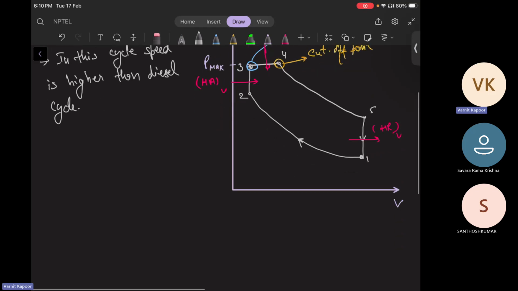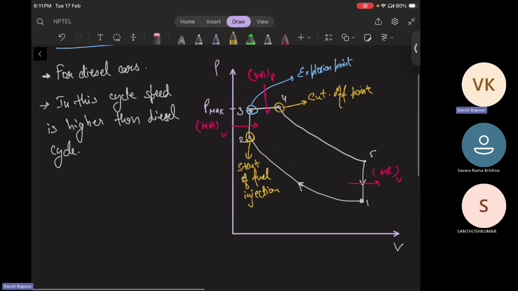And this is the start of injection, I missed one point here, the start of fuel injection.